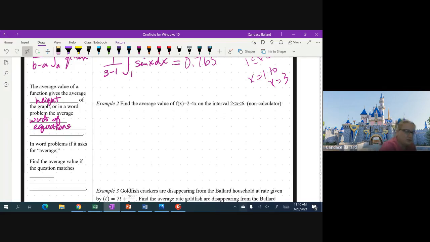Okay. So when I see the words average value, what do we have to put out in front? Can you guys tell me? I'm going to slide this back up here.